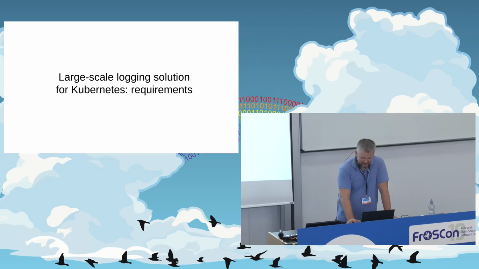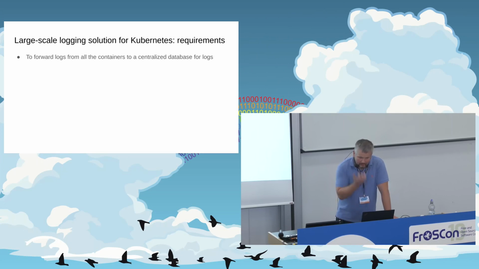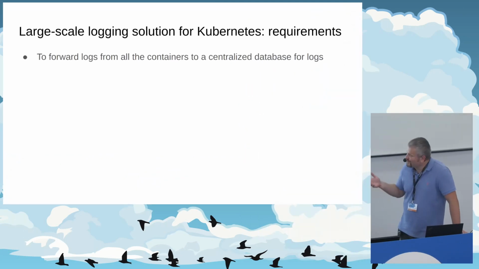Which requirements should be satisfied for a large-scale logging solution for Kubernetes? The first requirement is that this solution should forward logs from all the containers in Kubernetes to a centralized database for logs. And there are multiple good solutions for this requirement.